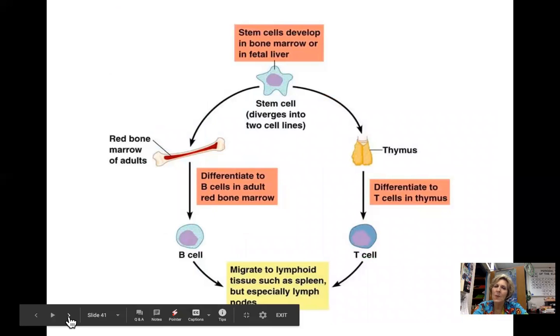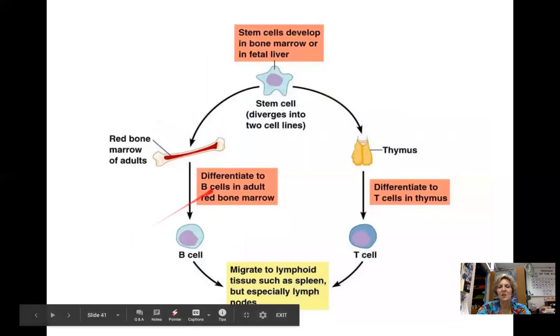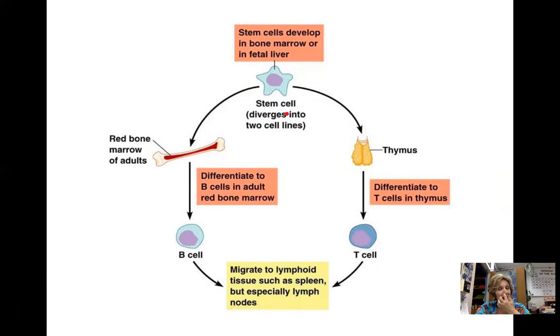All right, so let's go back again to these lymphocytes, these B cells and T cells. So remember, they are part of the hemopoietic stem cells that arise in the bone marrow. And some of these go to the actual bone marrow. They stay there and they differentiate into B cells.